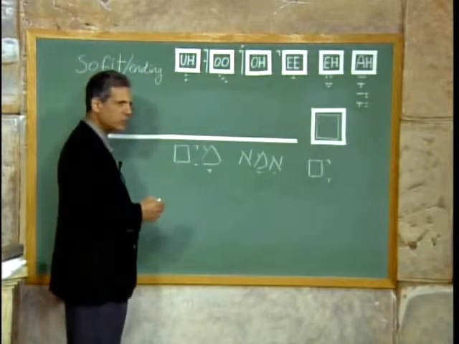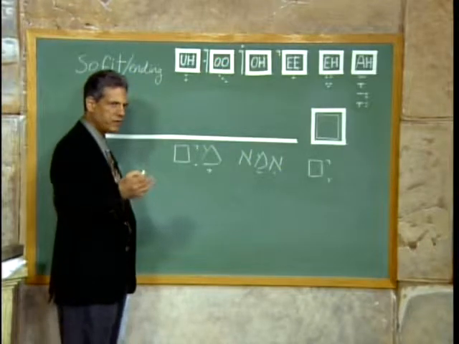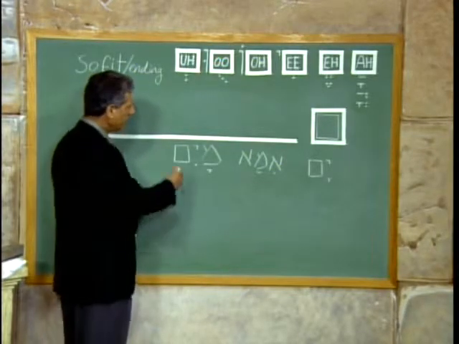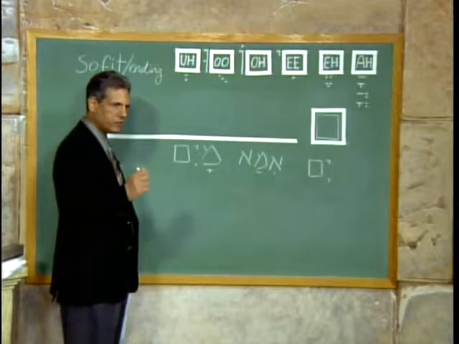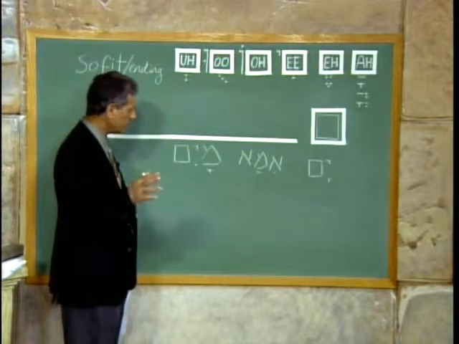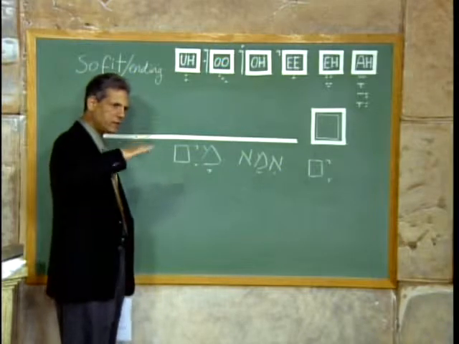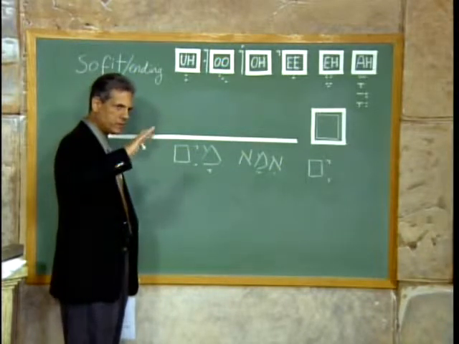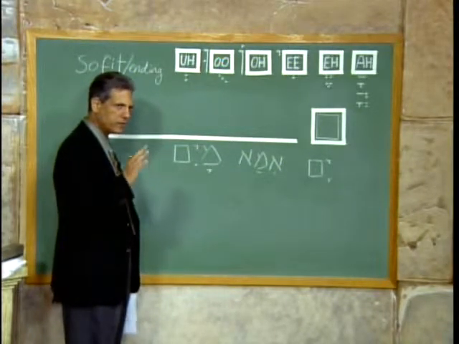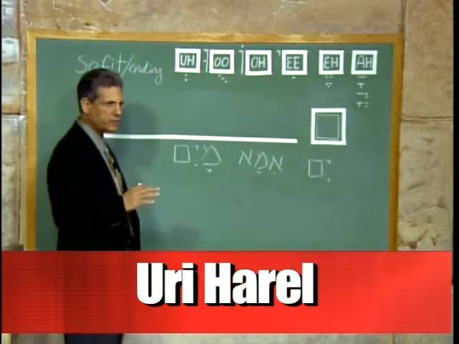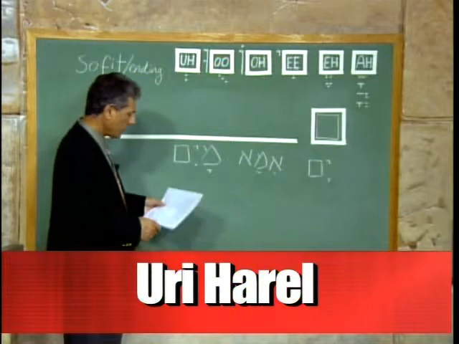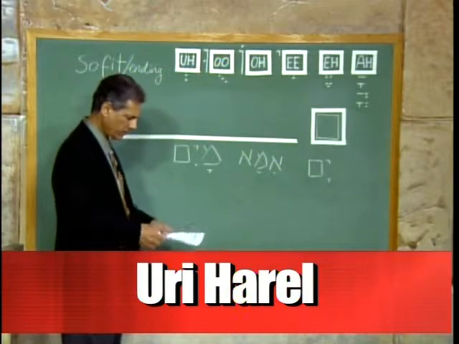So what does the yud represent? The yud represents the infinity of God, separating between water and water. If you recall, in the first days of the creation, when God created the separation between water, he created the rakia, which is translated as a firmament. So that is the mayim. That's where it came from.